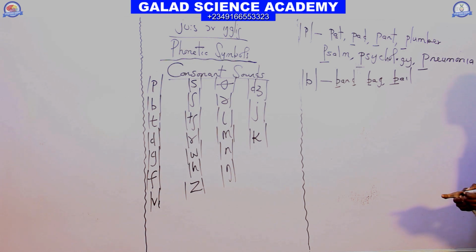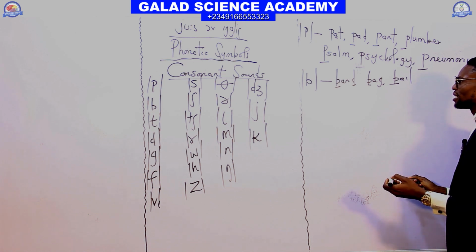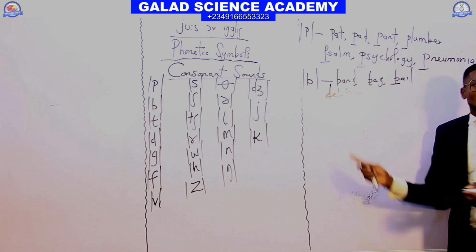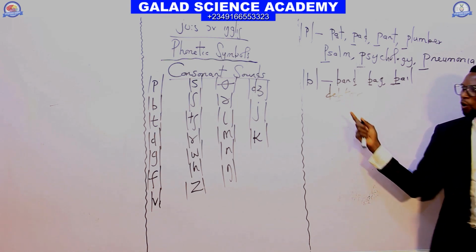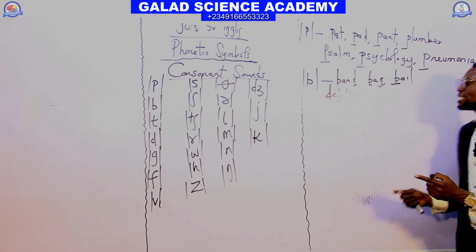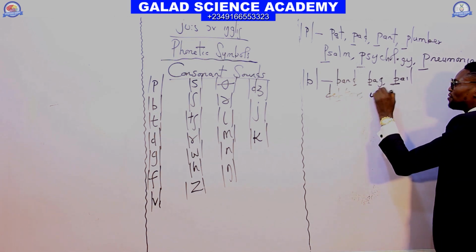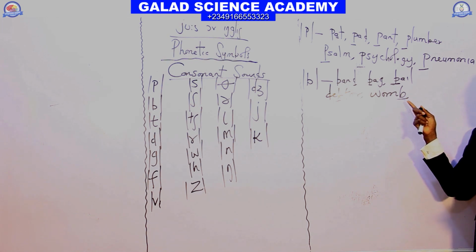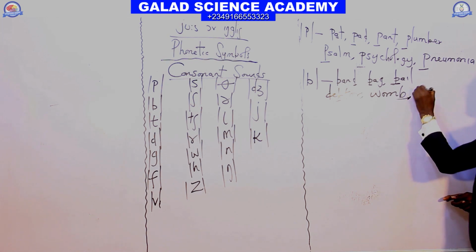And in most cases it can be voiceless. When it is voiceless, I have debtor. We don't pronounce the B, it's called debtor. Why is that? Because the B here is voiceless. Like I have womb, so I won't pronounce the B. The B is voiceless.